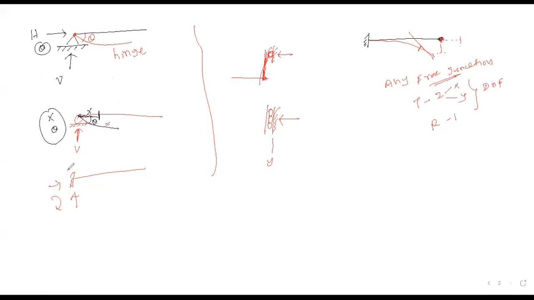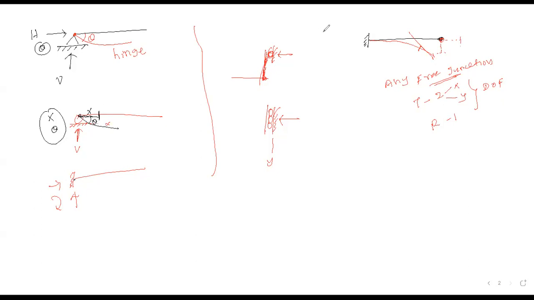And if I am considering the fixed support, can anyone tell me how many translations are available? Can a fixed support move, yes or no? No, right. So your fixed support will not be able to move in any direction. Just take an example of a door.